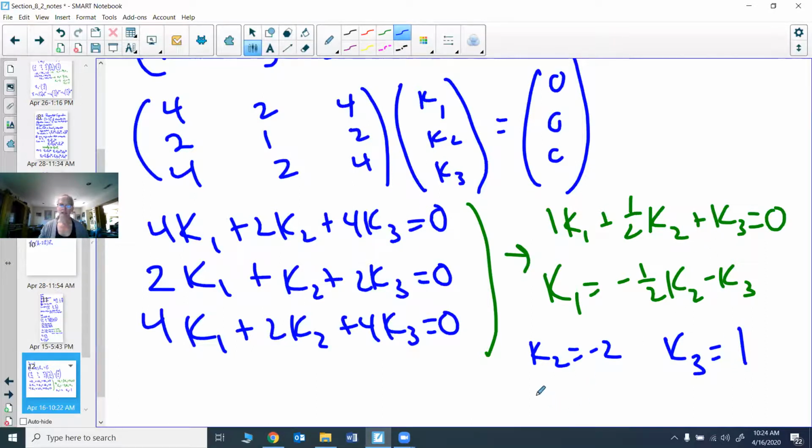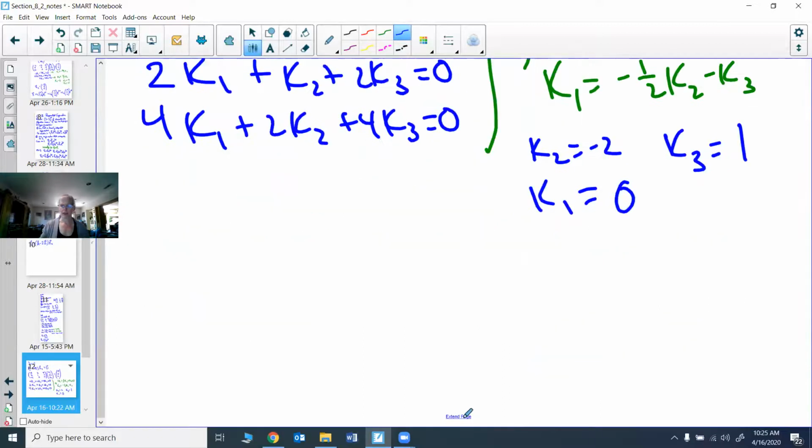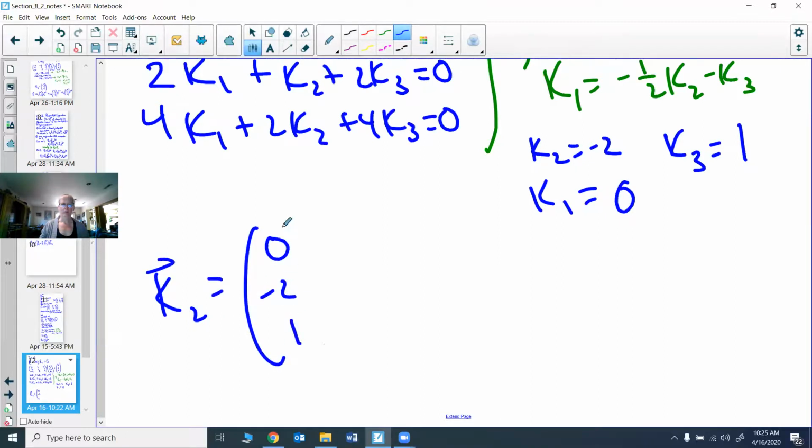And then I can solve for K1. So by picking these, we can now solve for K1. So we're going to get -1/2 times -2, which of course is 1. And 1 minus 1 means I get 0 for K1. Which means I actually get K2 is equal to 0, -2, 1.